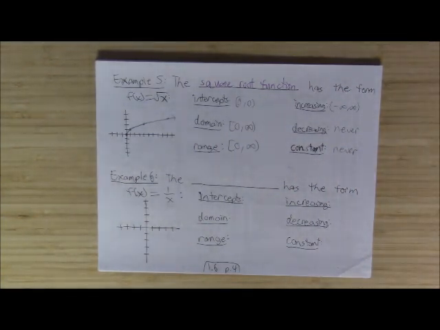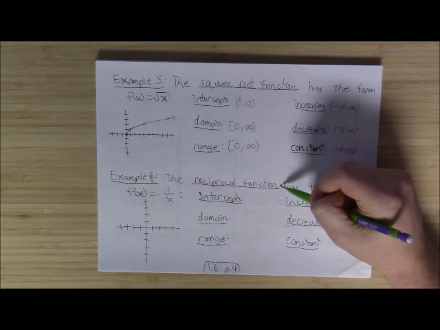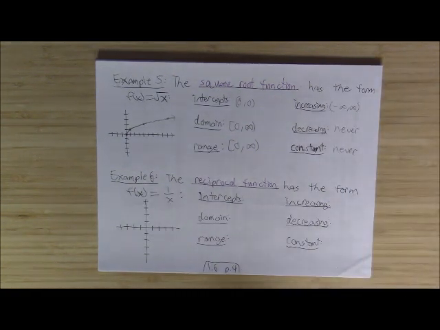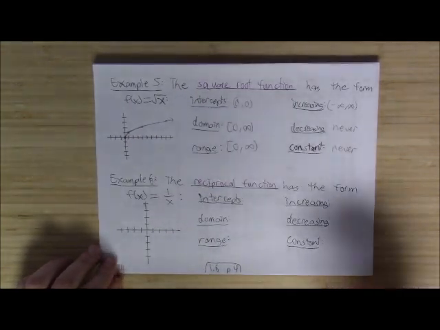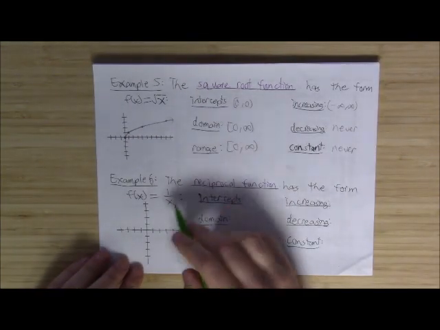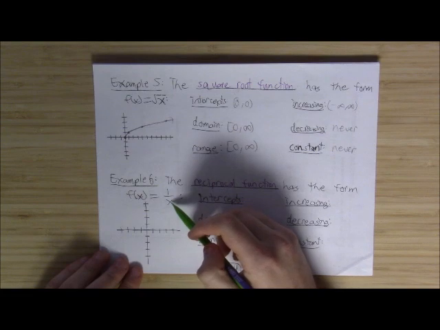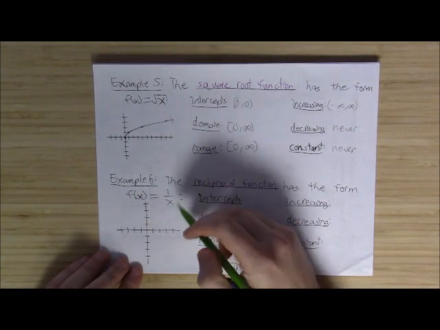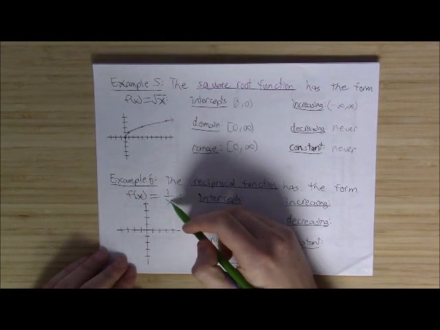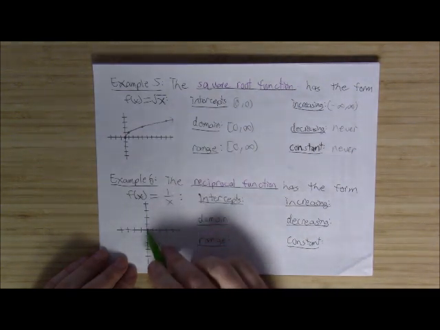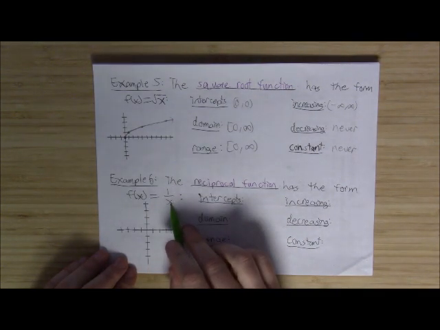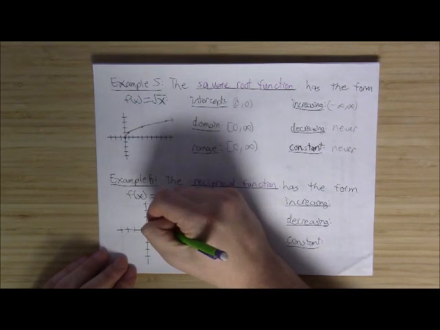Moving on to the next example, the reciprocal function has the form f of x equals 1 over x. Now, what does that look like? Well, this one's a little bit weird because you take a fraction, 1 over it, and it flips it. So if we plug in 0, of course that's going to be undefined. But if we put 1 in, we get 1 over 1 is 1.